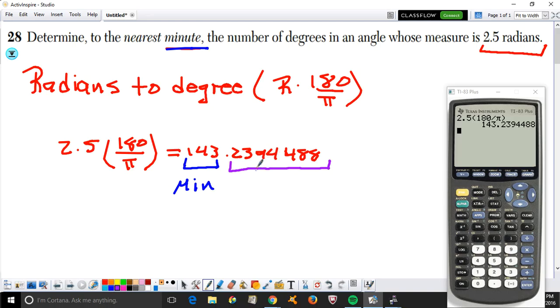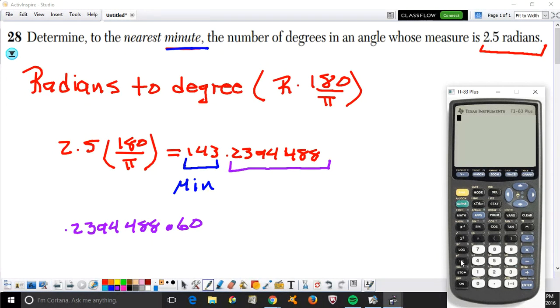So how do we do that? We're going to get our decimal, 0.2394488, and we're going to multiply it by 60. Why? Because there's 60 seconds in 1 minute.